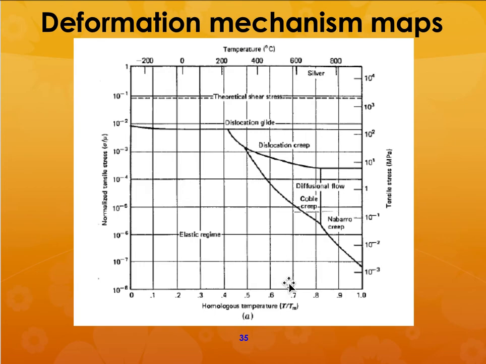This is called the deformation mechanism map. It tells you what mechanism is active in what region. This is the normalized tensile stress.